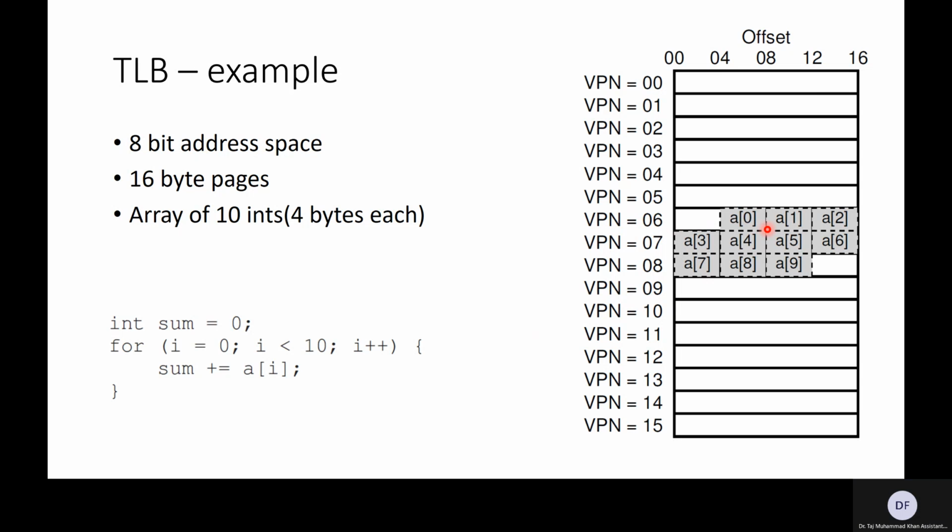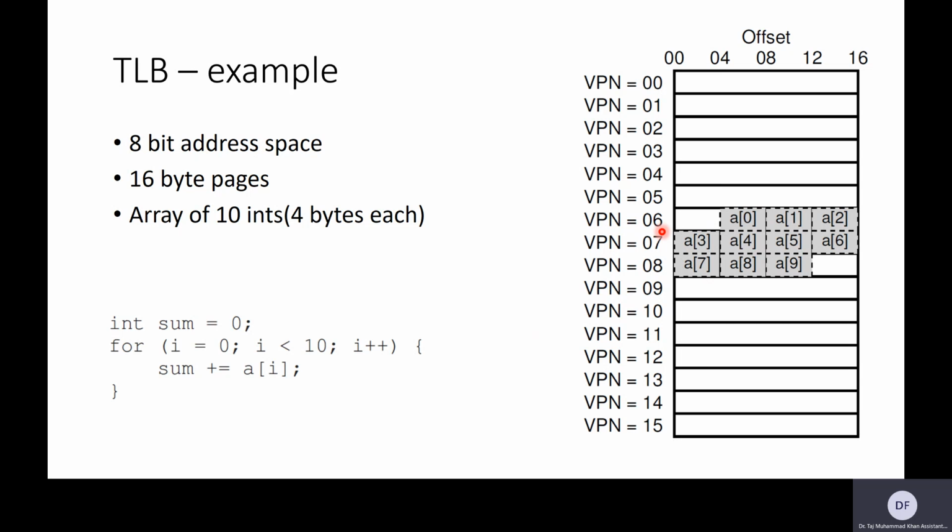So to convert this address, the system will first look up virtual page number 6 inside the TLB. And since we had just updated the TLB for accessing A0, this access of A1 will also find page number 6 inside the TLB entry.